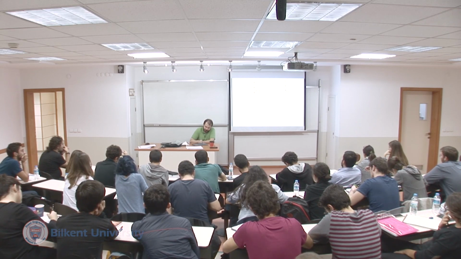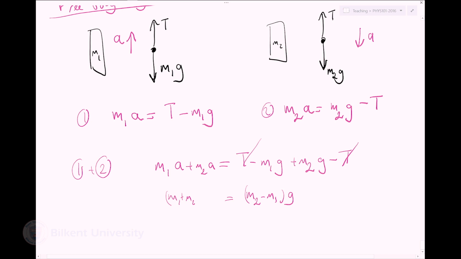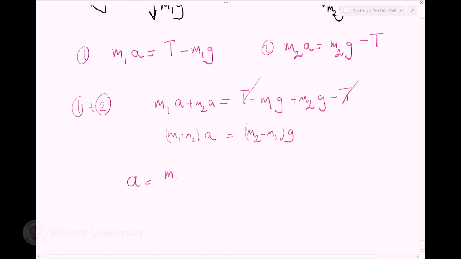Let me add them. If I add them, on the left hand side I have M1A plus M2A equals T minus M1G plus M2G minus T. The tensions cancel. So that gave me M2 minus M1 times G. And here I have M1 plus M2. So the acceleration of the system is (M2 minus M1) over (M2 plus M1) times G.